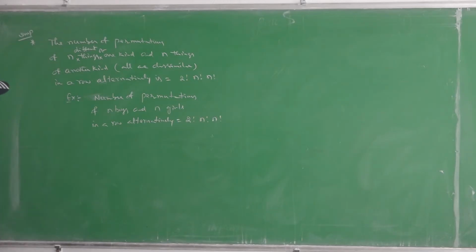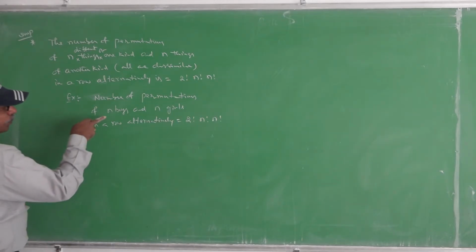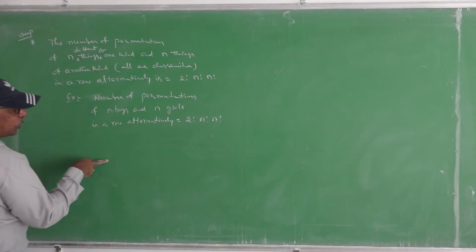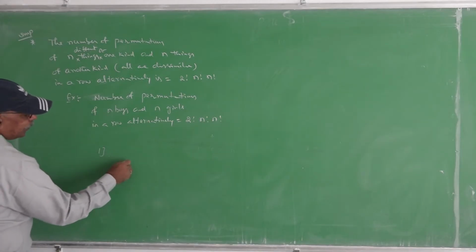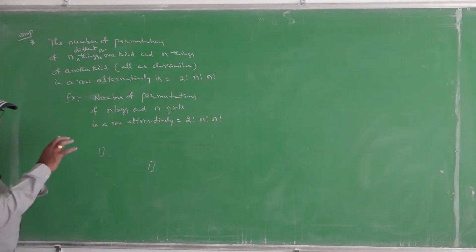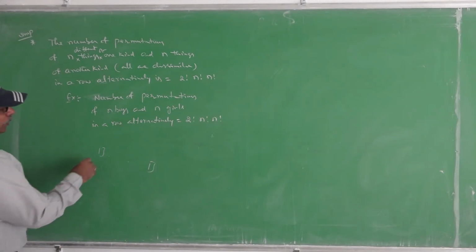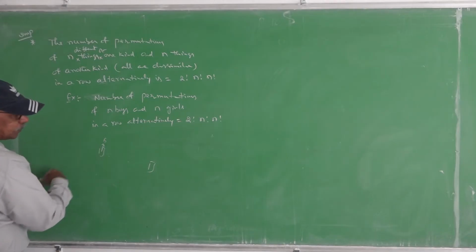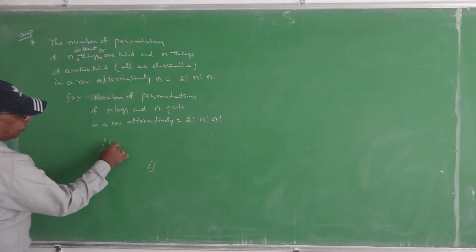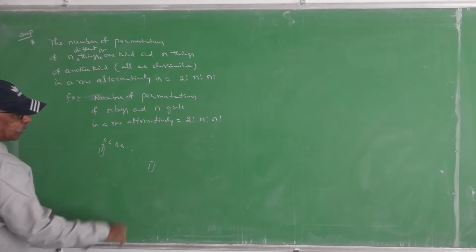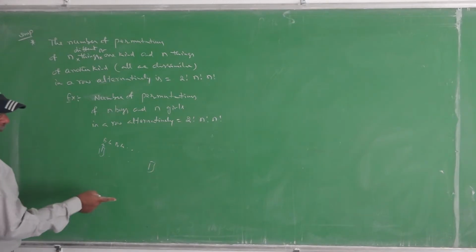So starting with only boys means you have to fill 2n blanks starting with boy, girl, and like that you have to arrange all the 2n blanks.